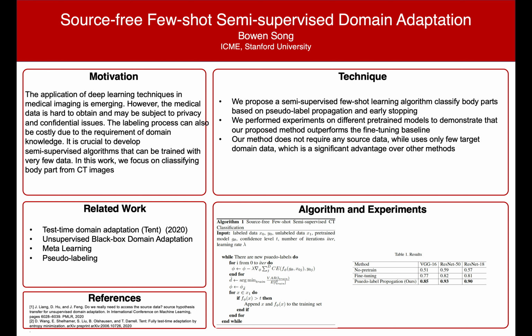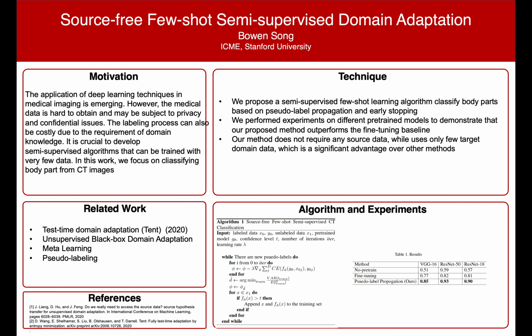There are some similar works that address this issue. For example, there has been a long discussion about source-free domain adaptation, and in 2020 there was a work called test time domain adaptation, called TENT, and this work utilized the assumption about the label distribution in the target domain.